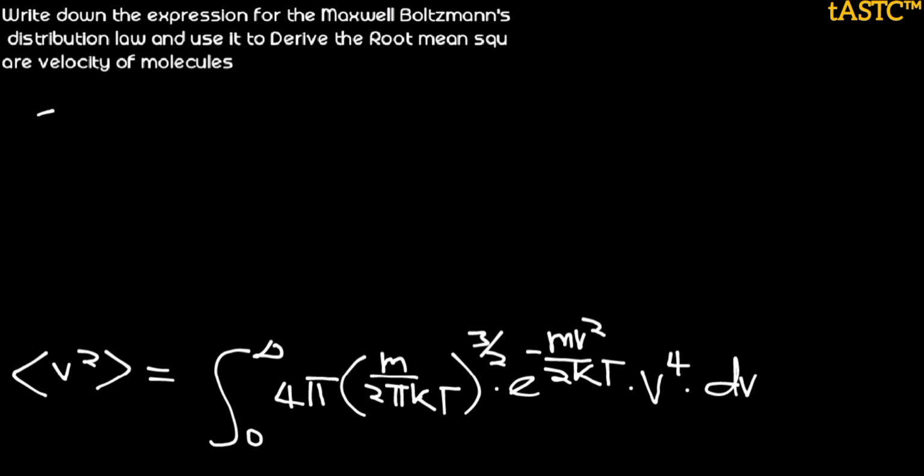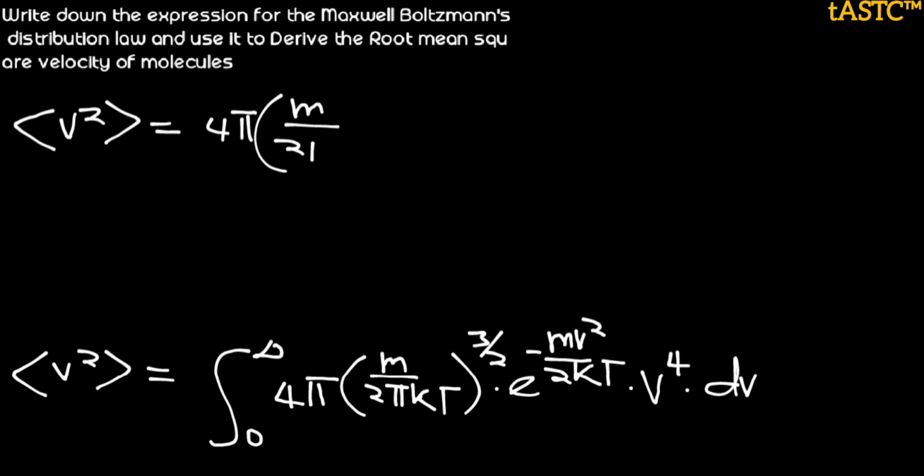So this is what we're going to have. This will be v squared, and I'm going to have a 4 pi. This will be multiplied by m, divided by 2 pi kT, and we're going to have a 3/2 here.